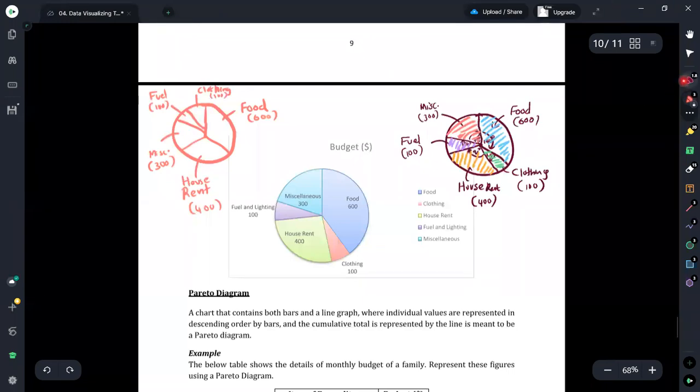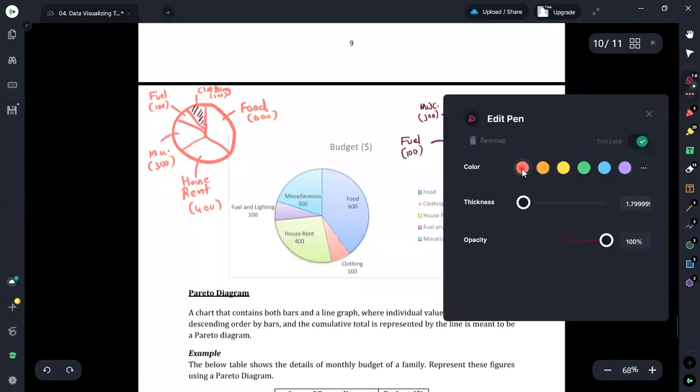And we can highlight them using some other colors as well.